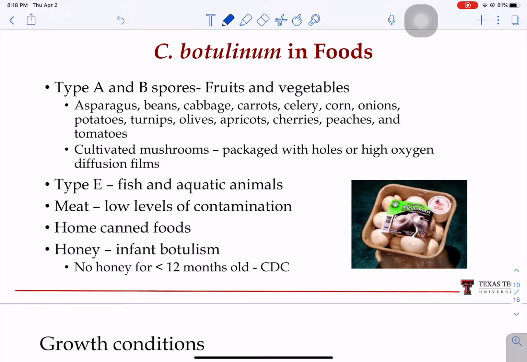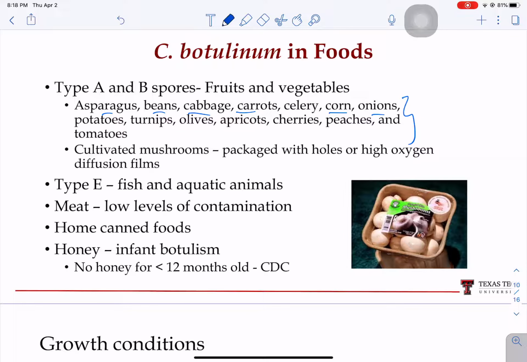It's because we find Clostridium botulinum spores in soil. All of these products that are typically in contact with dirt, with soil, have a higher risk of becoming carriers of these spores.